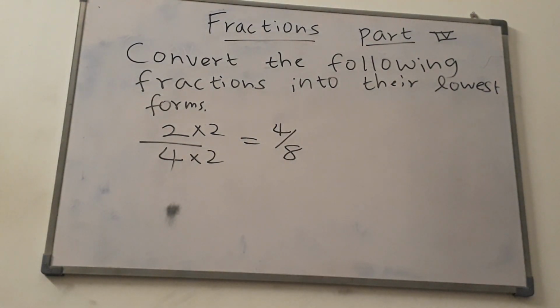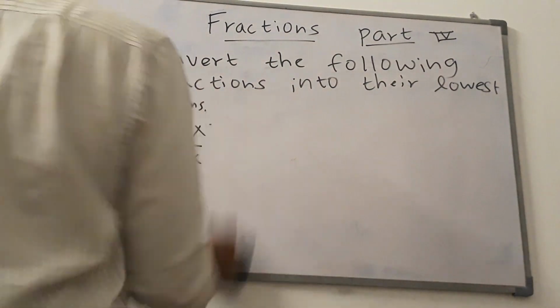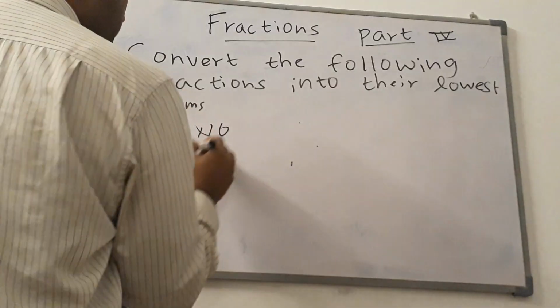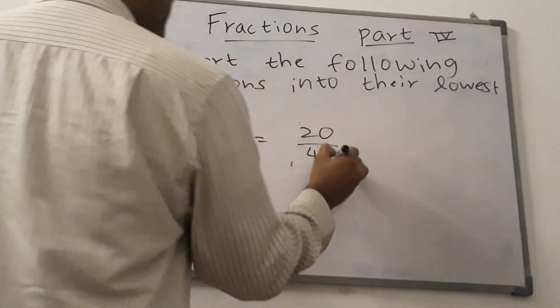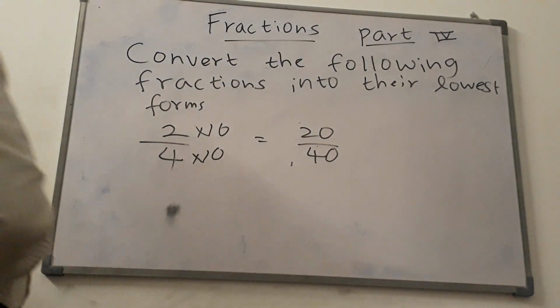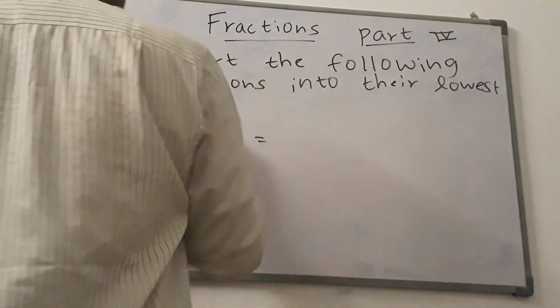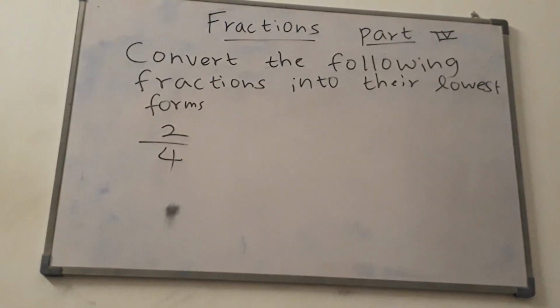Same as if we multiply both numerator and denominator by 3, we get 6/12. Also, if we multiply 2/4 by 10, we get 20/40.